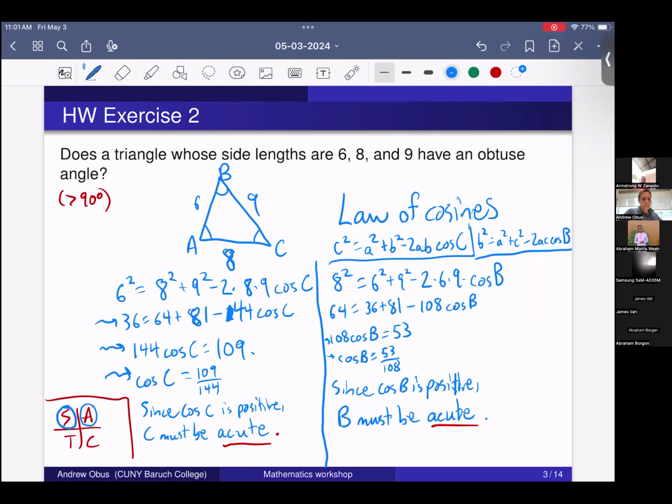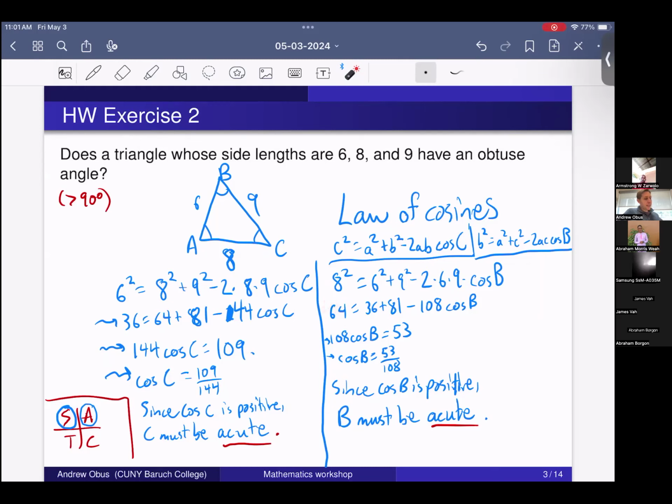We have 64 is equal to 36 plus 81 minus 108. How does that 108 turn out to be positive? Oh, because I did this a little fast. I added 108 cosine B to both sides, so that cancels it out over here, and it adds the 108 cosine B over here to the left side.